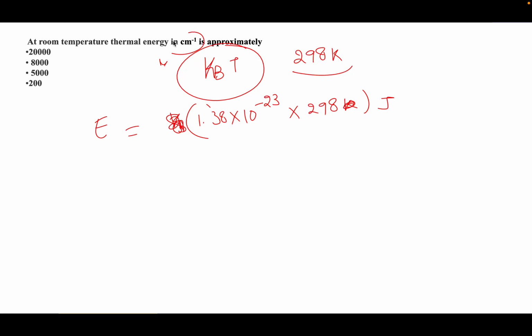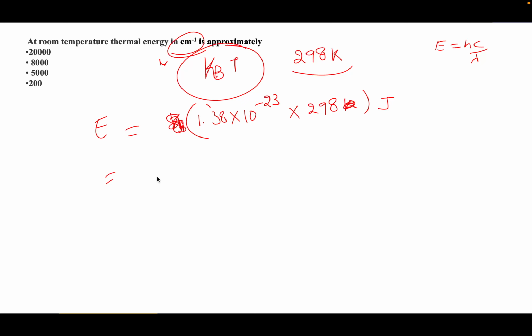So we need to calculate it in per centimeter, and we know that E is equal to hc upon lambda. So we need it in units of 1 over lambda, so we need to divide by hc and we will get the units.